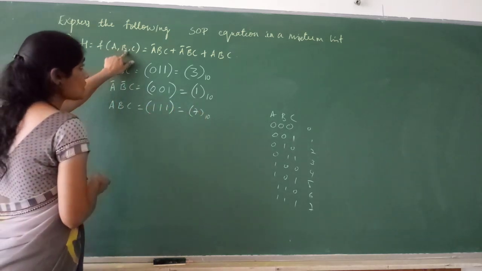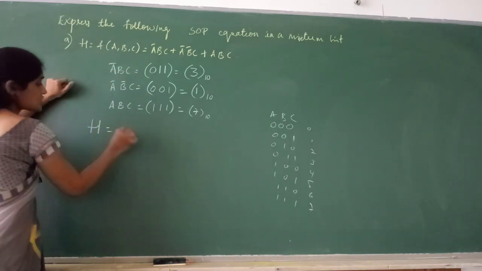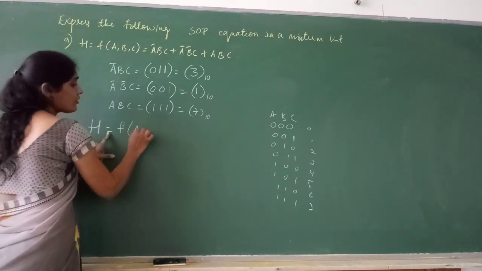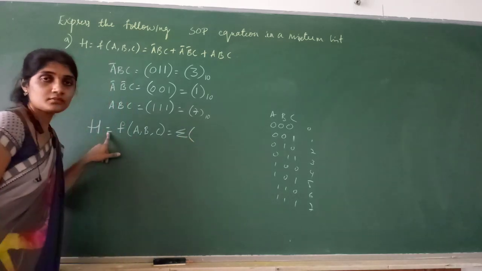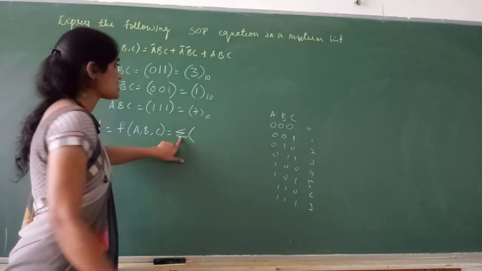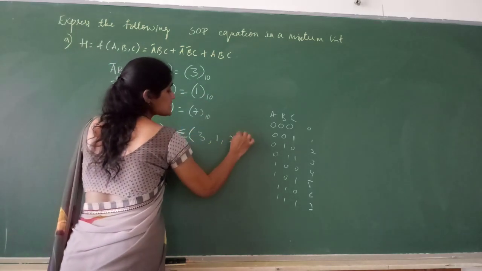So, for this equation, the min term list is, you have to write like this. The function is h. H is equal to f of A, B, C is equal to summation. Summation we write when we have to list out the min terms. So, summation, what are the min terms? 3, 1, 7.